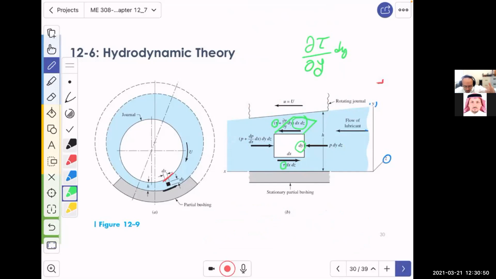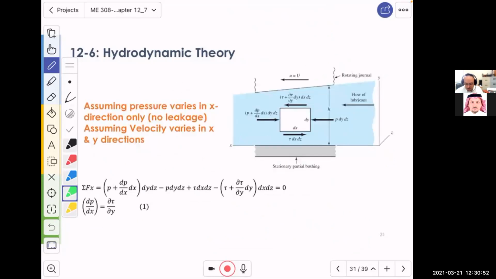Now, when we do this, we can go to our simple friend, summation of forces equals 0. And where? Along the x direction, because this is where the action is happening. And because we said that there is no inertial effect, the summation of the forces along the x direction is not ma, it is actually 0.